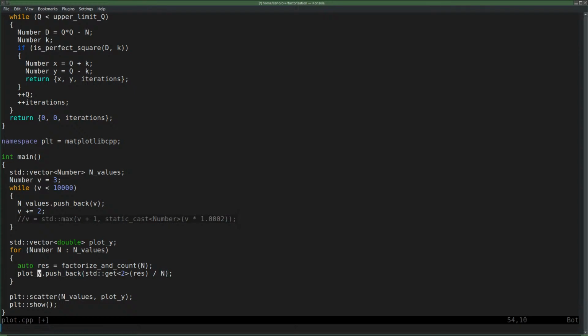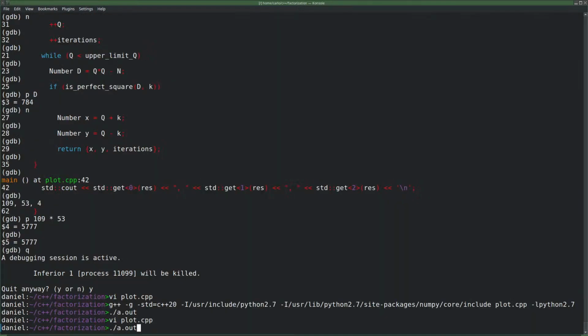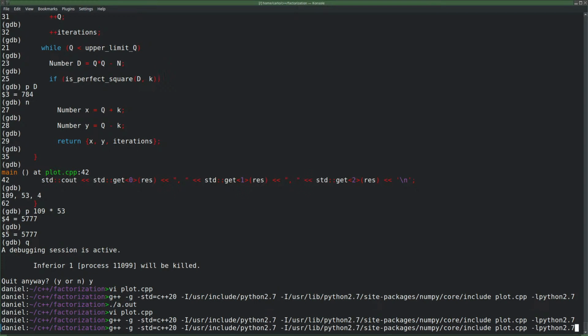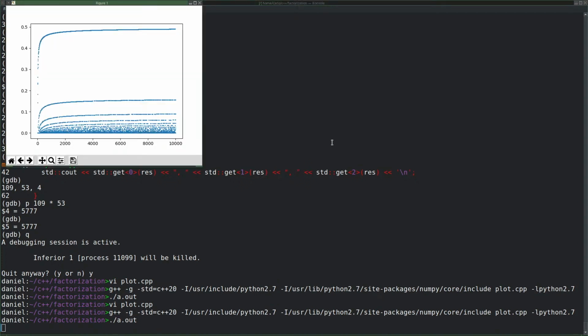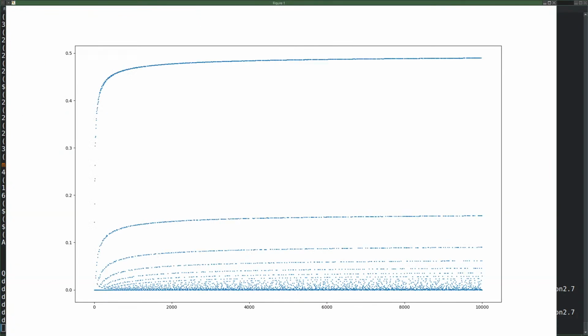And that's a floating point, so I have to make it a double first. And now it is revealed that they are not straight lines.